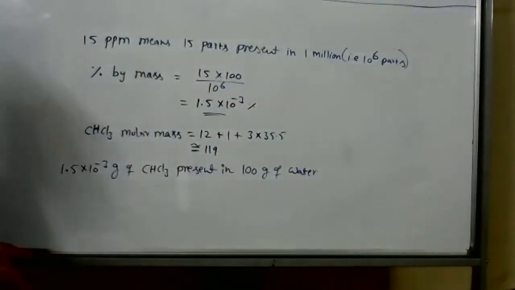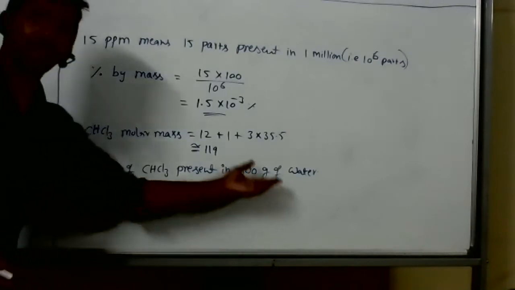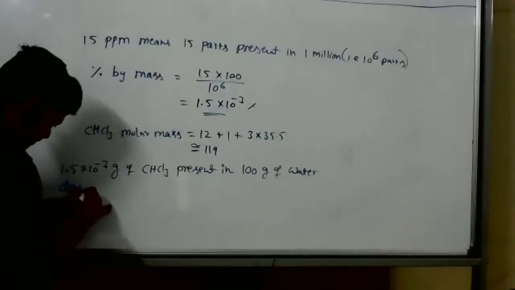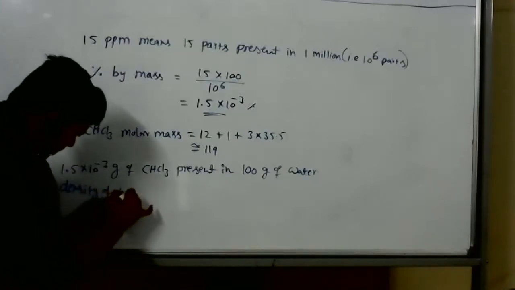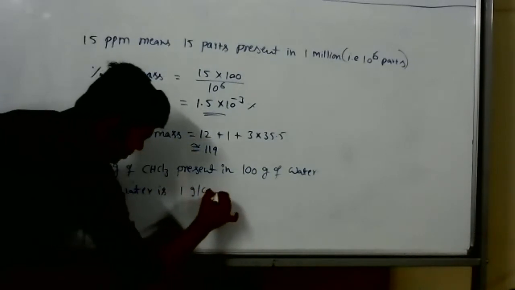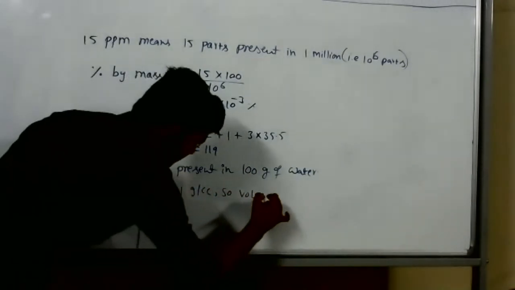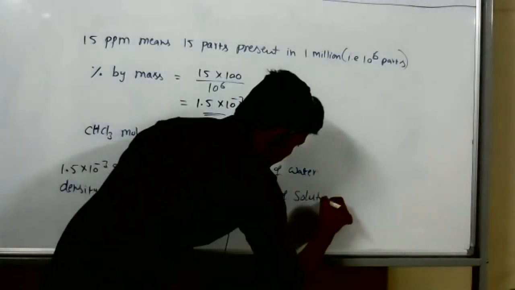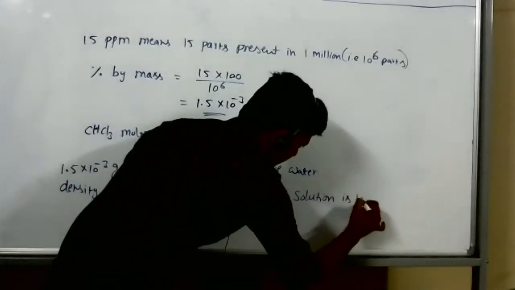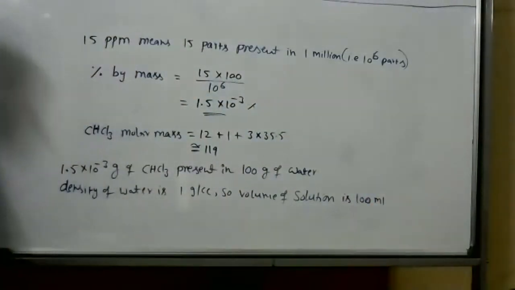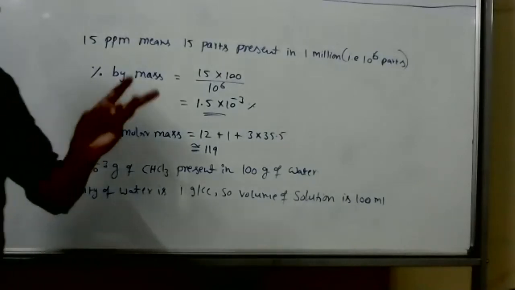Here the density of water is 1, we know that. So 100 grams of water we may write as 100 ml of water also. Density of water is 1 gram per cc. So volume of solution is 100 ml.